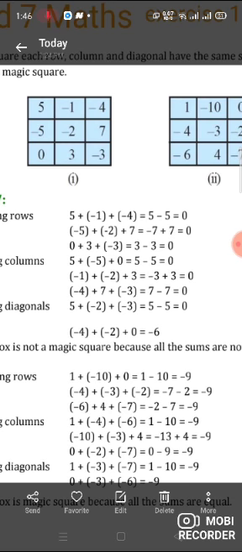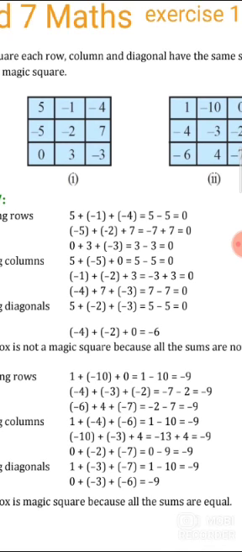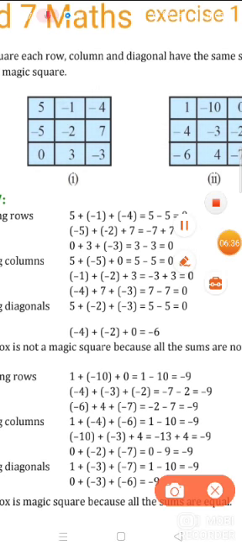Later we will do the addition of negative 4, negative 2 and 0. So friends, here plus minus becomes a minus. So minus 3, and with negative 2, minus minus becomes a plus. So 3 plus 2 becomes negative 5, and 5 is already given. So 5 minus 5 becomes 0.